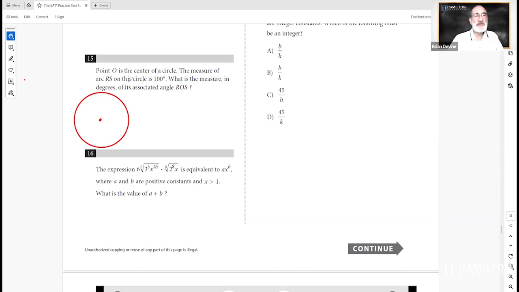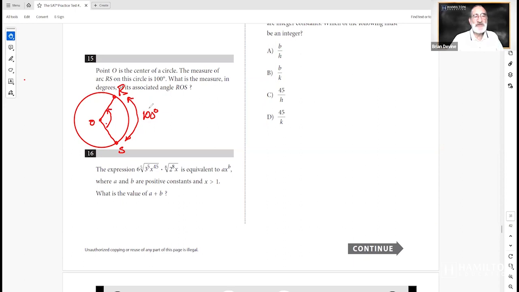And we know that the measure of arc RS on the circle, so here's R, here's S, and we're told that this arc measure is 100 degrees. And we want to know what is the measure in degrees of its associated angle, ROS, this angle right here.